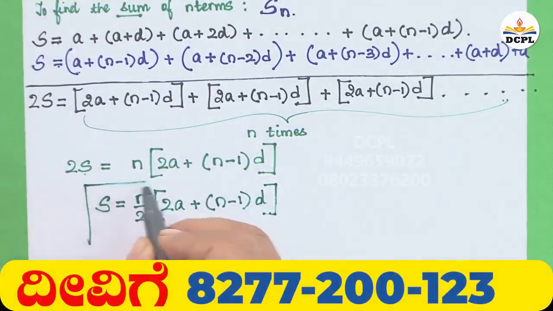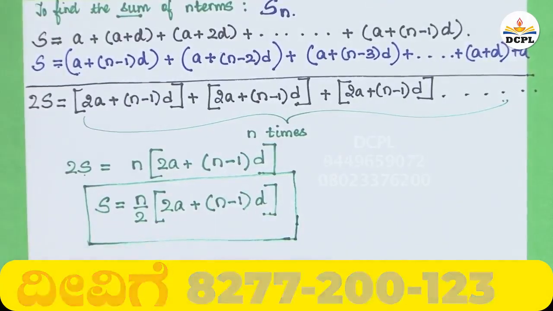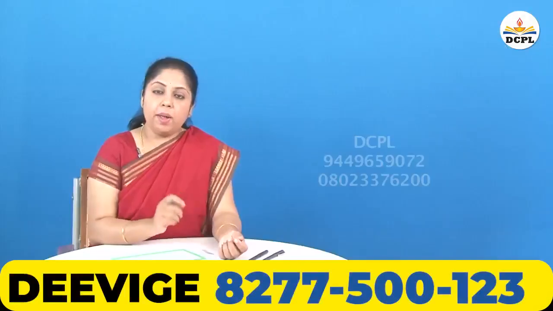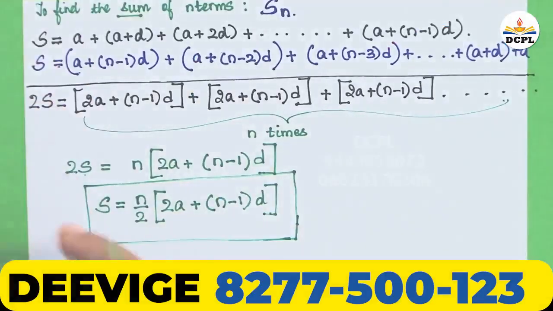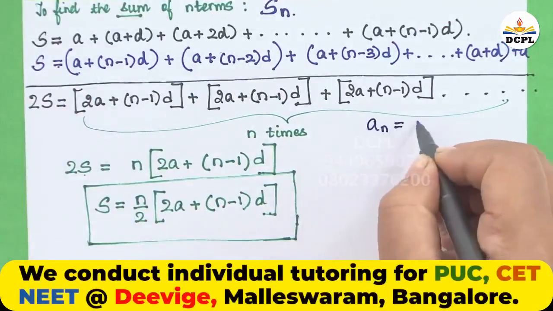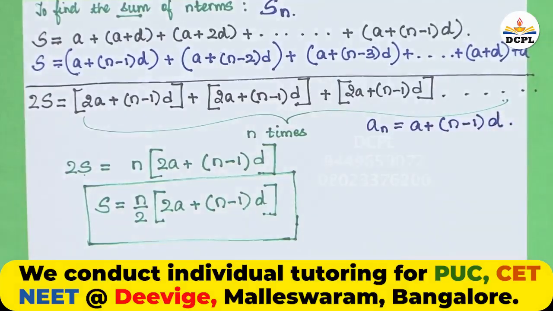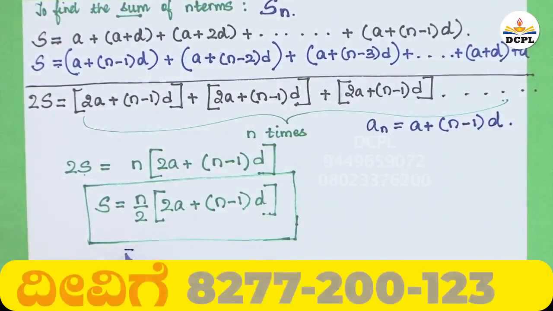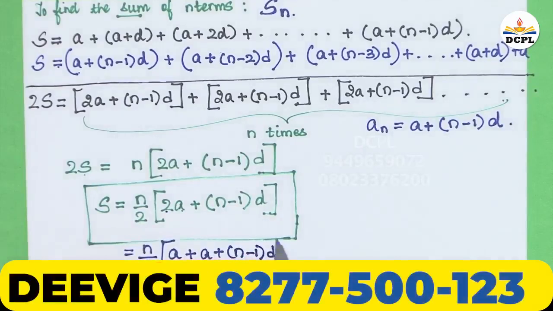So dear students, this is an extremely important formula that we will be using to solve quite a few problems. Now one more concept needs to be understood here. If you observe, the value of an is got by writing it as a plus n minus 1 into d. Am I correct? Now if you observe, this can also be written as n by 2 into, 2a can be split as a plus a, then plus n minus 1 into d.